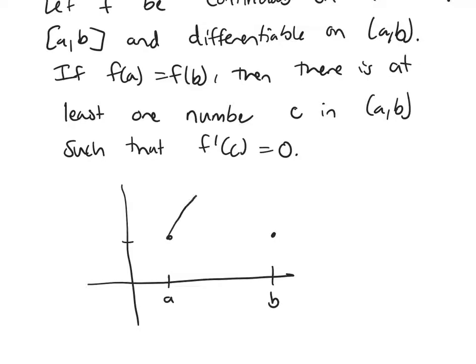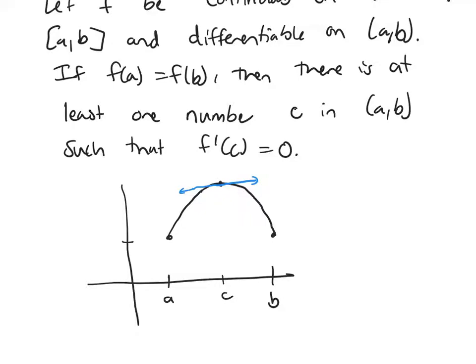No matter what happens between these 2 points, between a and b, there has to be a c where the derivative, the slope of our tangent line, would be 0.